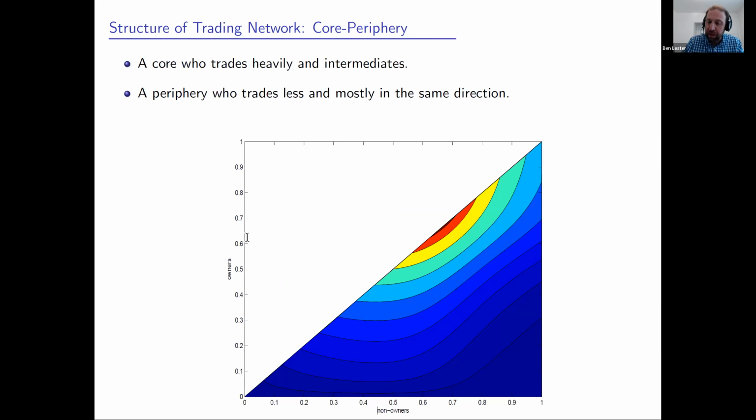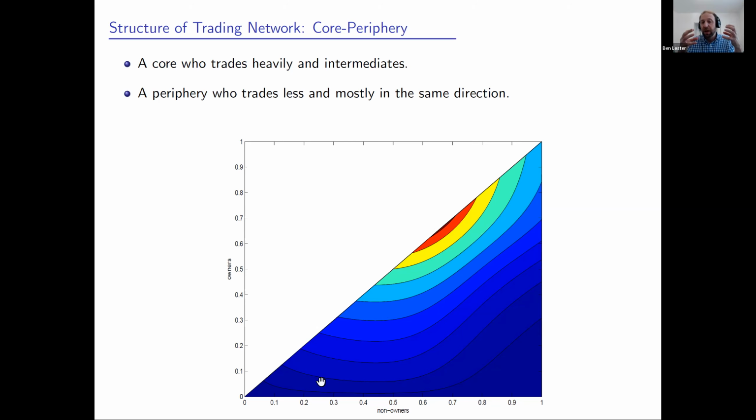Now, of course, remember, we only trade when non-owners have higher delta than the owners, so it has to be on the right side of the 45-degree line. But what you're seeing here is that a ton of the trade is happening in this dark red section. And then there are less and less trades going on at these peripheral values of delta.